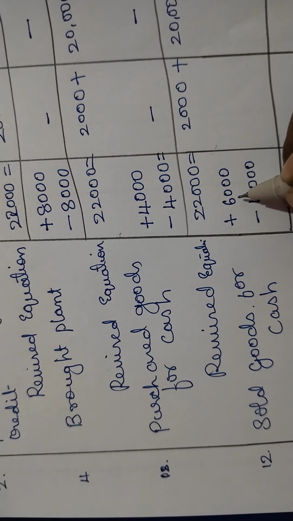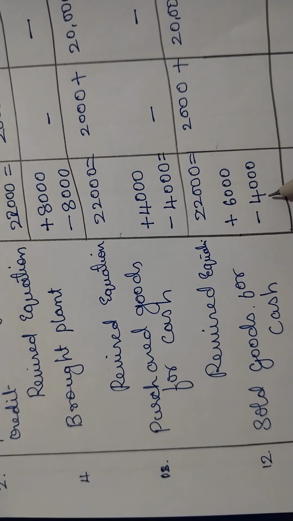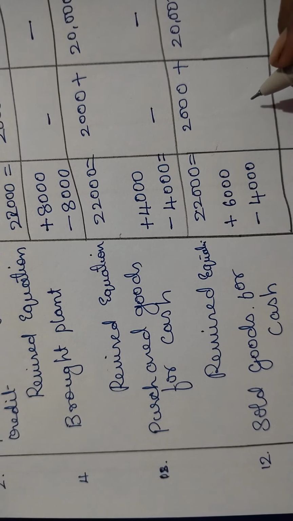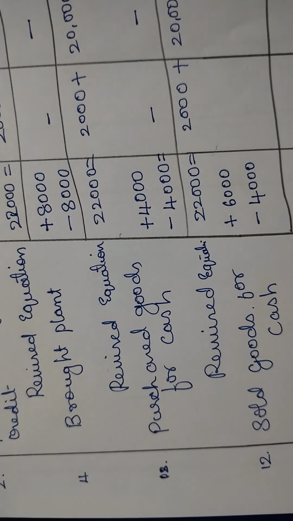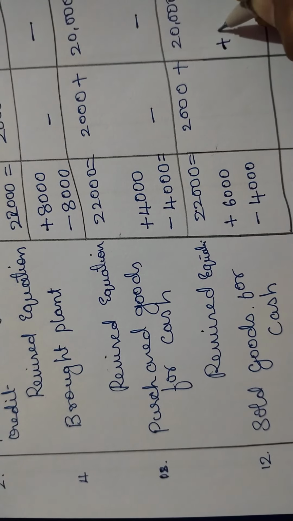This 6,000 includes profit also. You received a cash of 6,000, but you can't give goods for the 6,000. The value of the goods was only 4,000. That's why you have recorded only 4,000. And what was the note? Any profit or gain will affect the owner's equity. So plus 2,000.